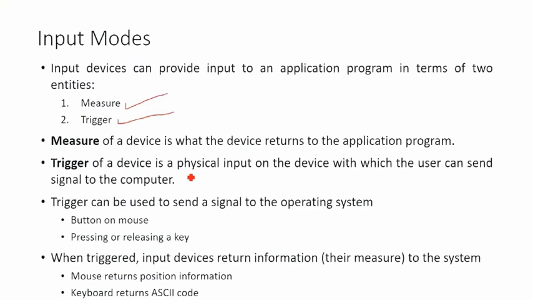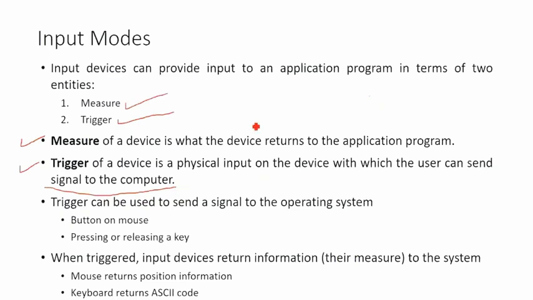In the example of using a string input using scanf I gave, the enter button acts as the trigger, and the characters that you would have entered act as the measure. So basically it acts as a signal to your computer to read the measure, right? When you click a button, it's a signal to your computer to capture that position in your application program.